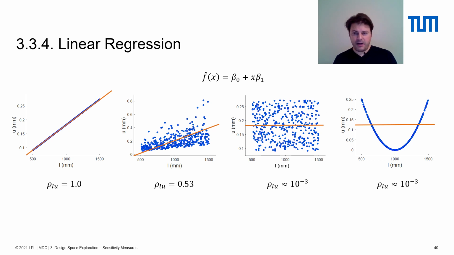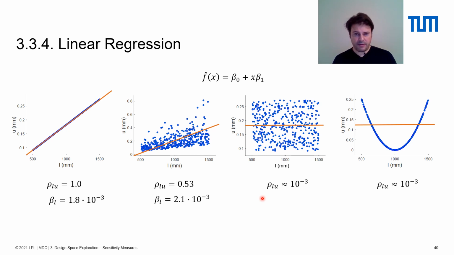So let's compare how our coefficients beta, which are the regression coefficients, are related to our correlation coefficients. And for that, we'll look at the examples. In the first example, we had a correlation coefficient of 1, and our beta turns out to be 1.8 times 10 to the power of minus 3.